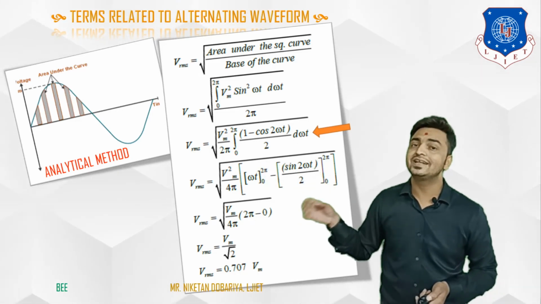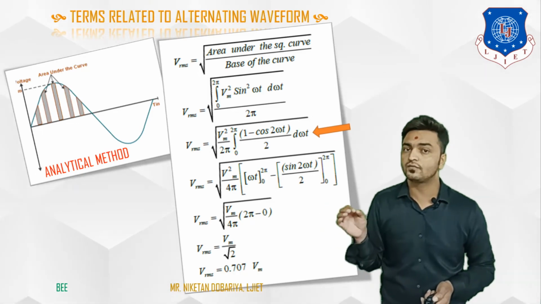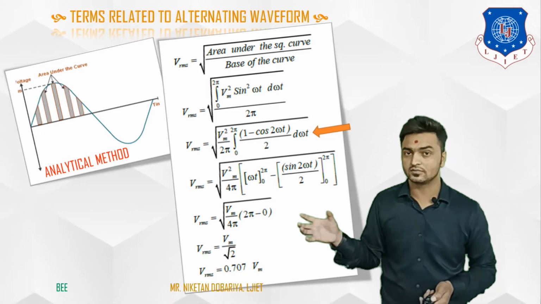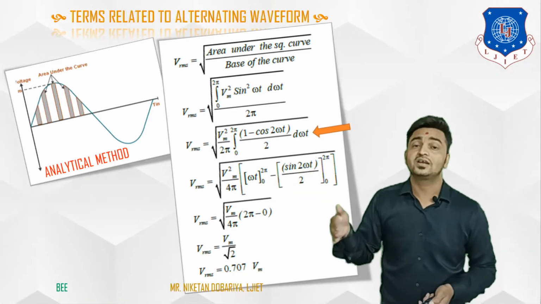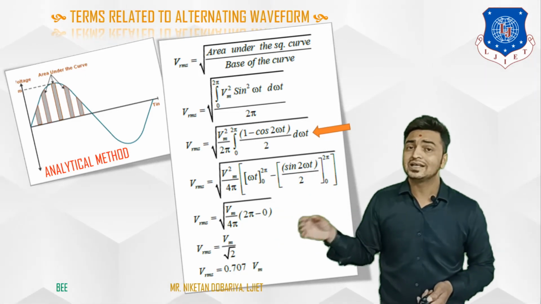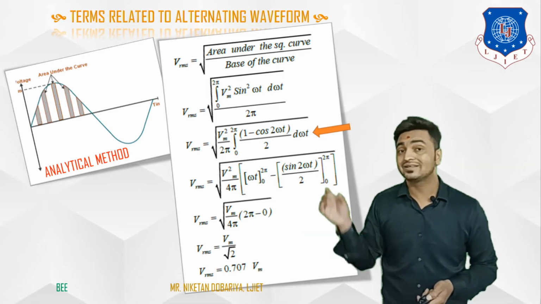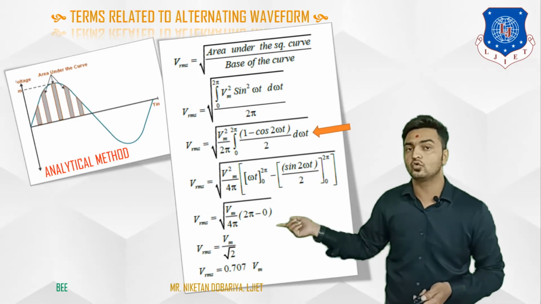And if you find the integration of 1 minus cos 2 omega t, then the integration of 1 is going to be theta, meaning omega t, because this is with respect to omega t, meaning theta. And the integration of cos 2 omega t is going to be sin 2 omega t, but the 2 which is in multiplication with omega t is going to be in division over here.